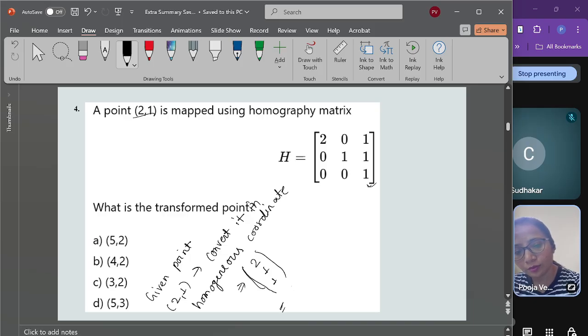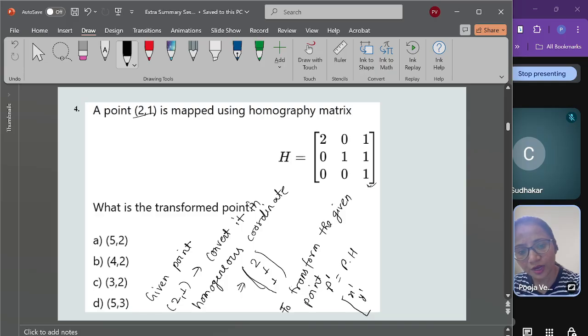To transform the given point, we have to multiply H into P. Let's say the result is P dash, which is x dash, y dash, z dash.